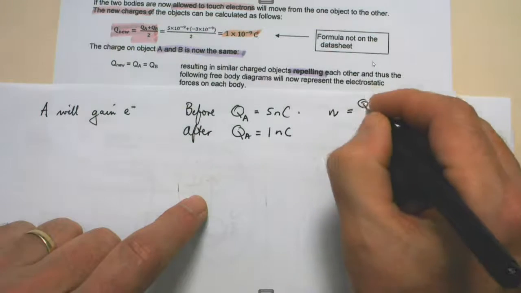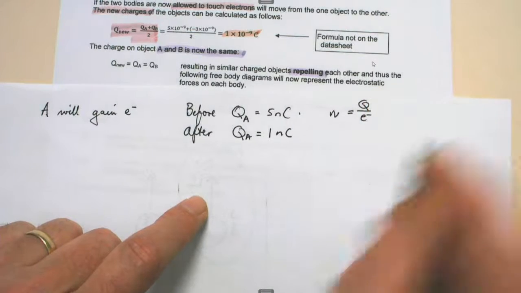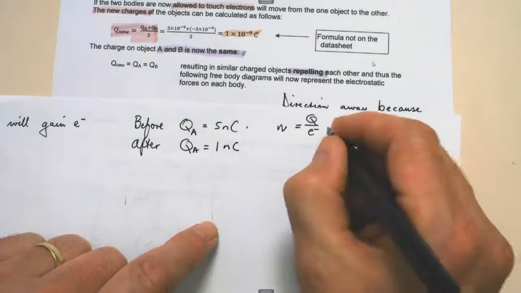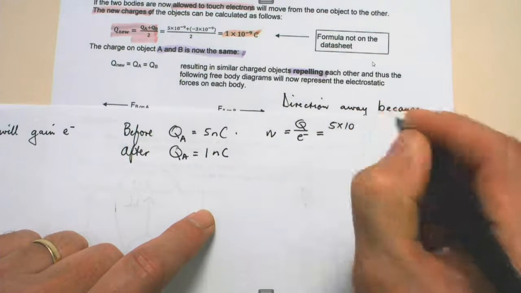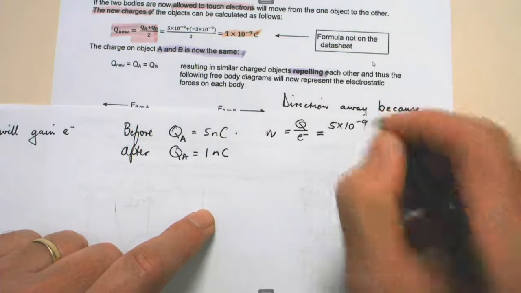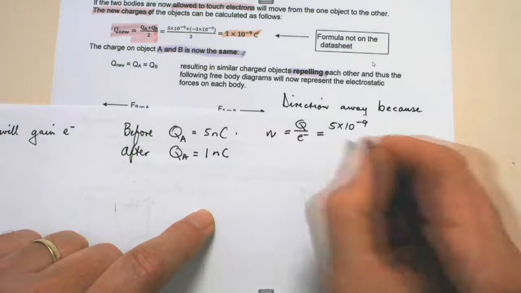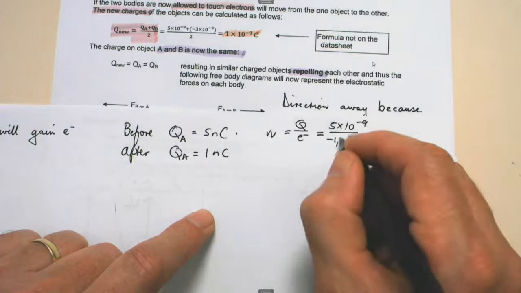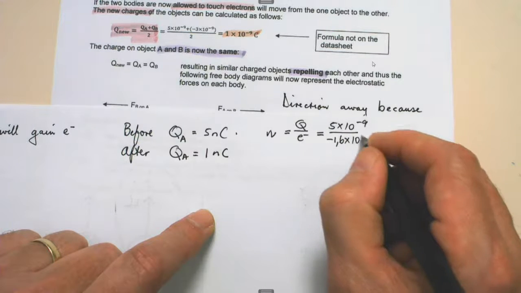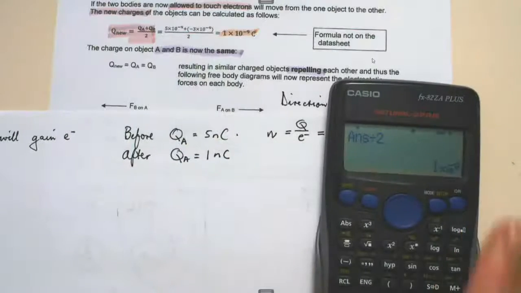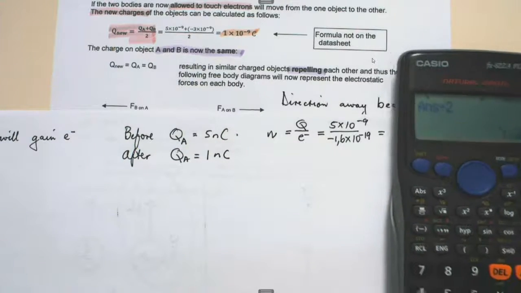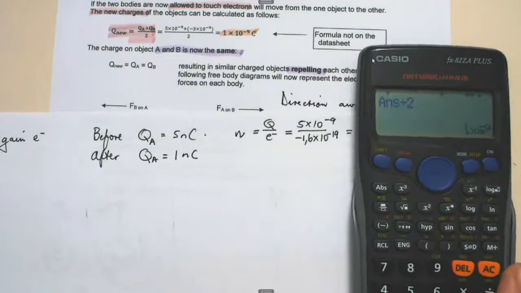So it will be Q over E, and that is equal to 5 times 10 to the power minus 9, because it's nano, divided by minus 1.6 times 10 to the power minus 19, and I have to do this on my calculator, and you can quickly check by yourself if you agree with me.